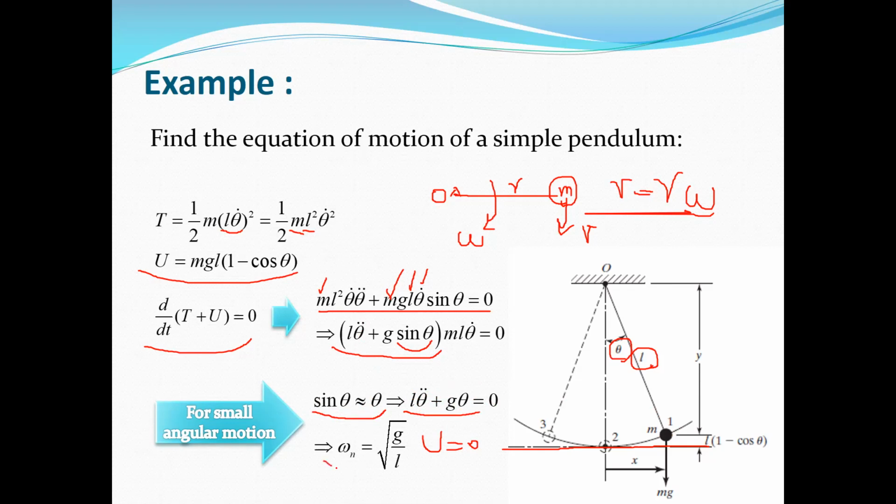So the natural frequency for this system is equal to the square root of g divided by L. As you can see, the natural frequency is independent of the mass, and it only depends on the length of the pendulum, and g is a constant value. You know, g is 9.8 on the earth, so omega n only depends on the length of the pendulum.